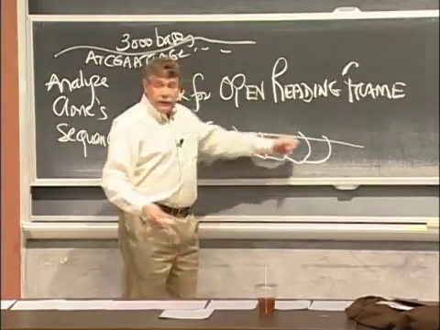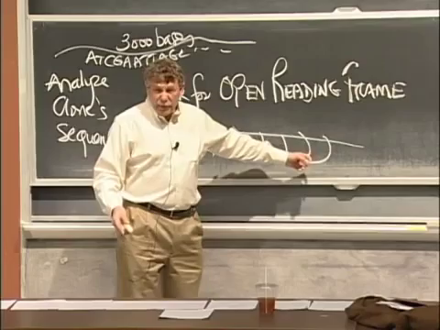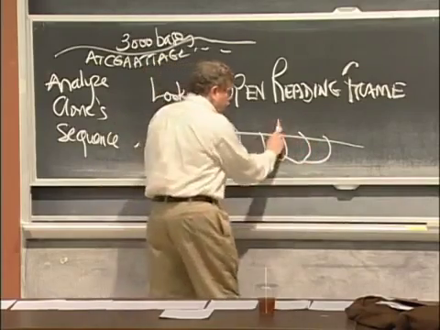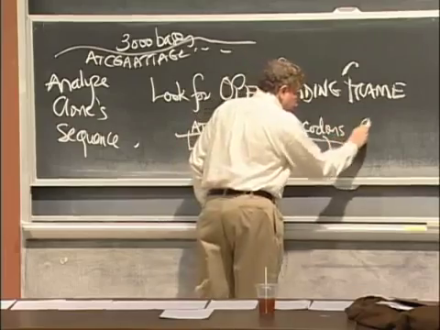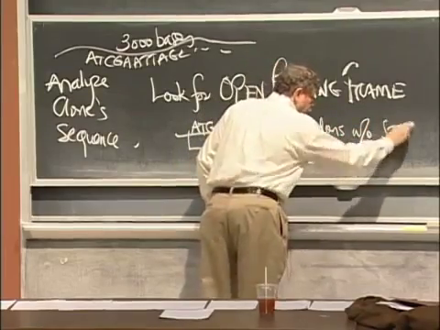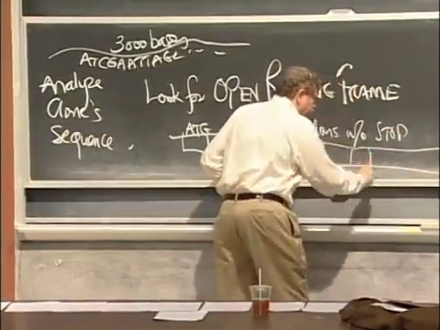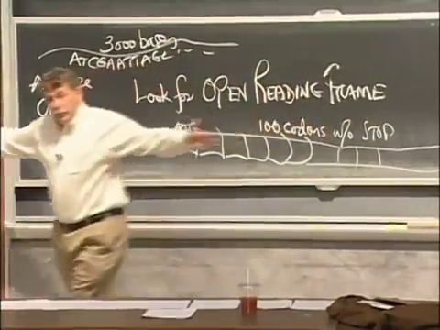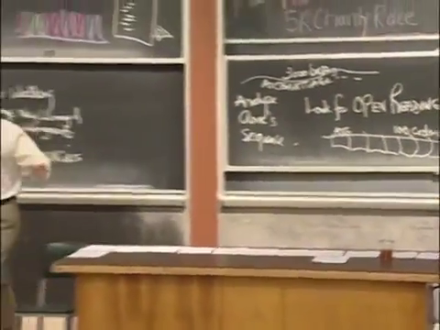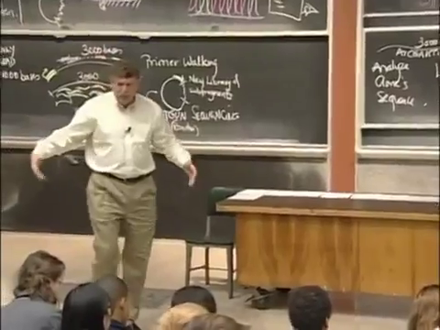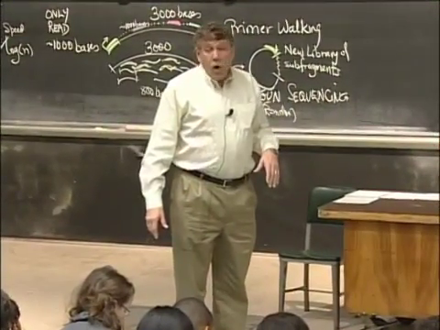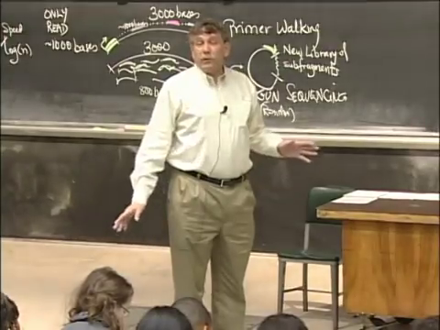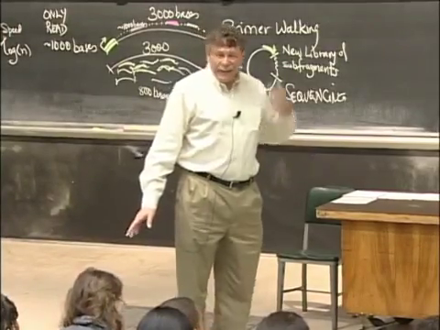So if I go 20 codons, I might see a stop on average. But suppose I run for 100 codons and there's no stop. That's pretty impressive, isn't it? If I can read 100 codons in a row and I never see a stop, that's pretty unusual. So I say that's an open reading frame. That's one way to recognize the gene in there.